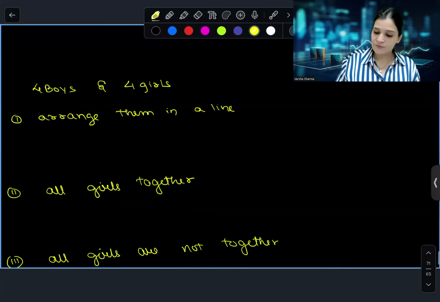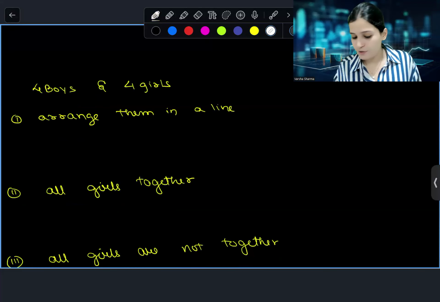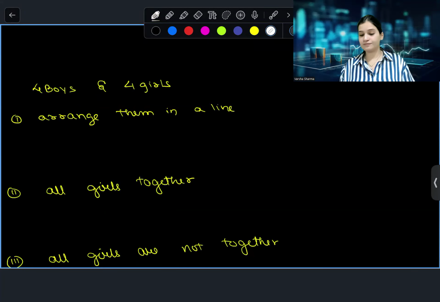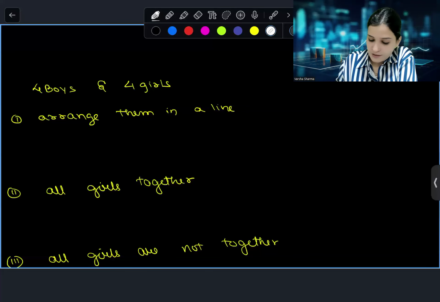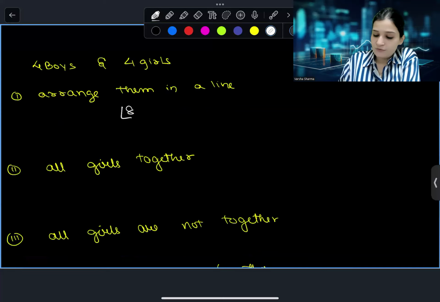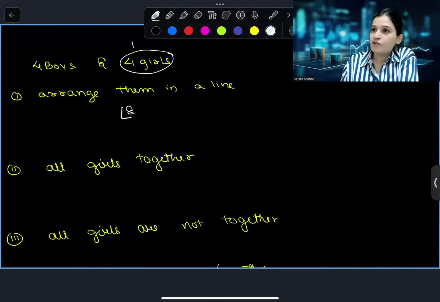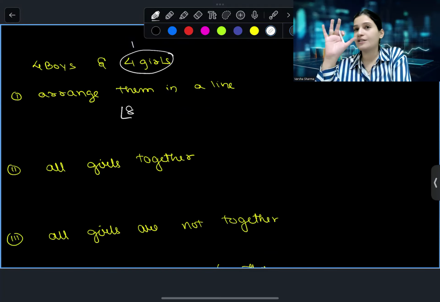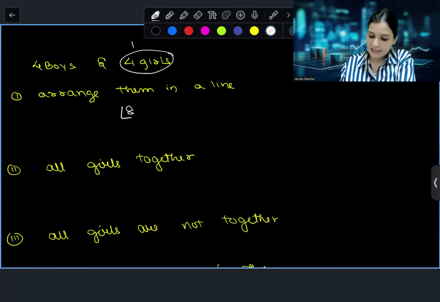The first question. Answer: 4 girls, 4 boys, arrange them in a line. 8 people have to be arranged. No selection necessary. So 8 factorial. All the girls are together. Whenever we are talking about together, we form a bundle. So 4 boys and this bundle is 5. So 5 people can be arranged in 5 factorial.